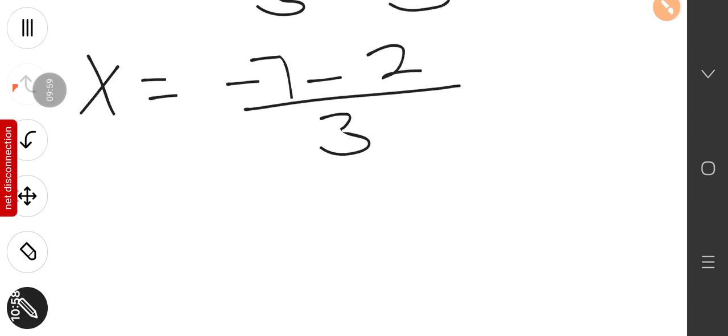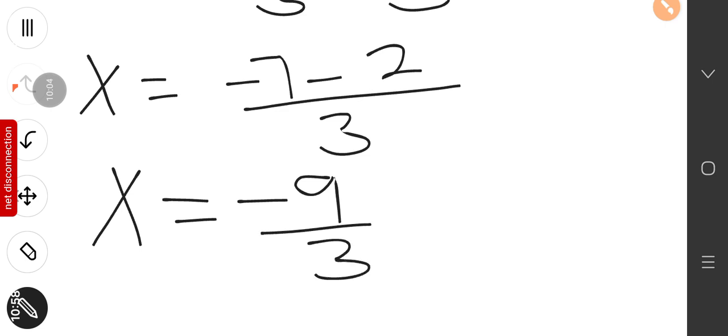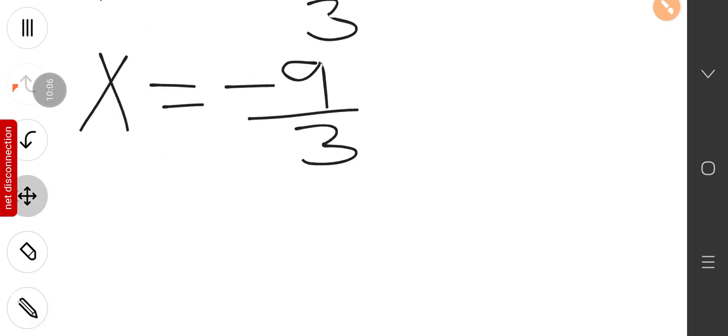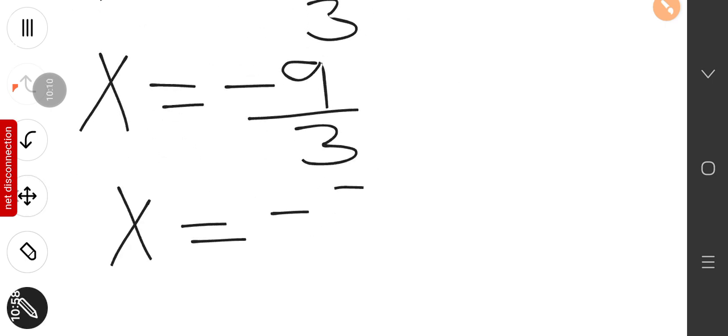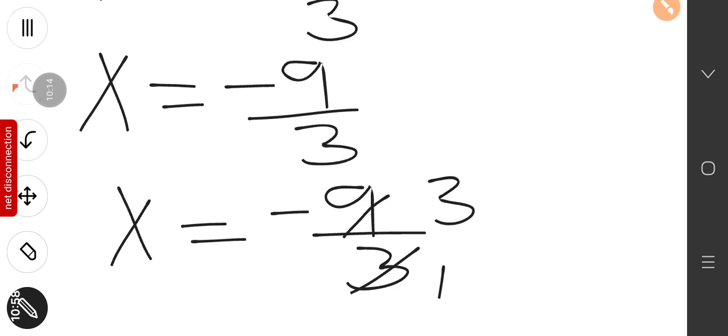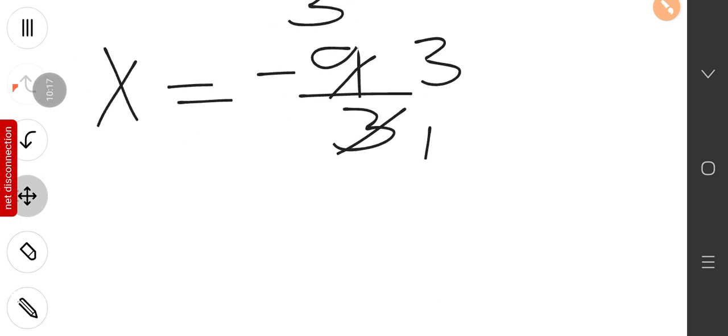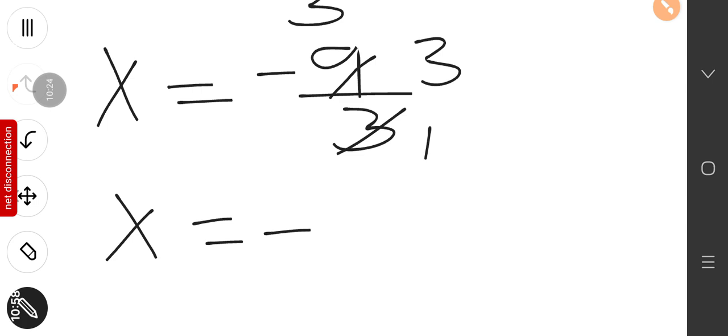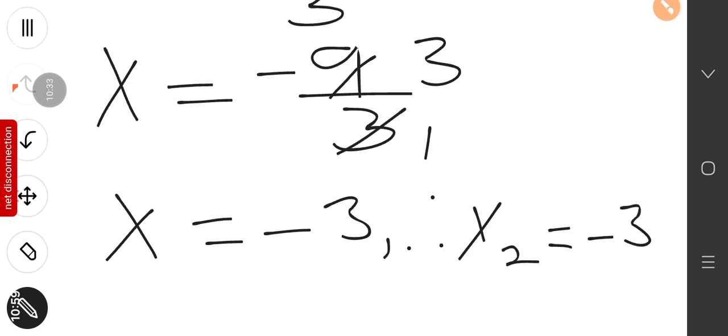So we are going to have x equals minus 9/3. 3 cancels itself, 1 goes here, 3. Now any number over 1 is the number itself, so minus 3 over 1 is minus 3. Therefore x2 is minus 3.